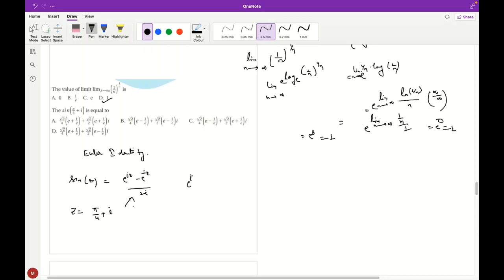(e to the power i(pi by 4 plus i) minus e to the power minus i(pi by 4 plus i)) upon 2i.